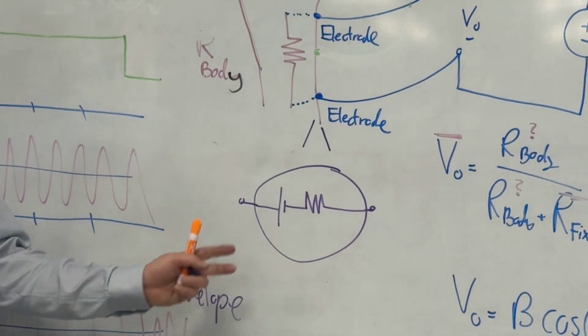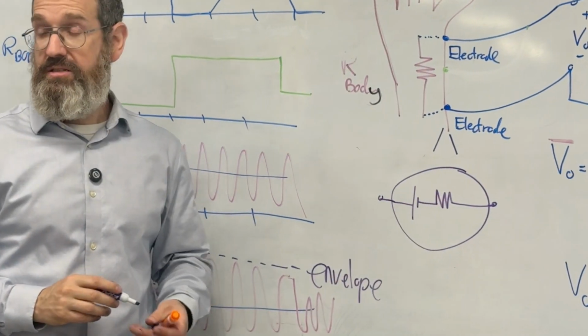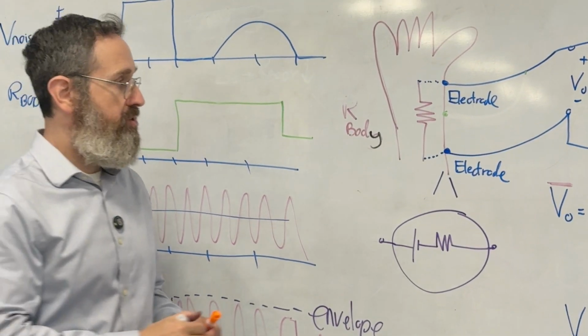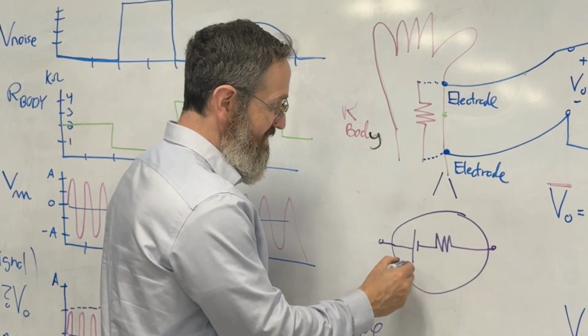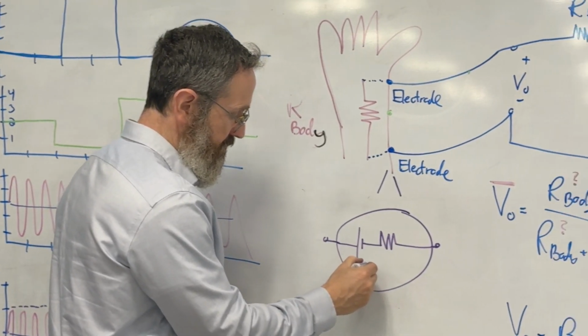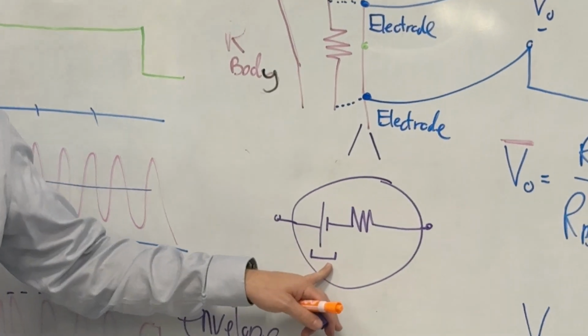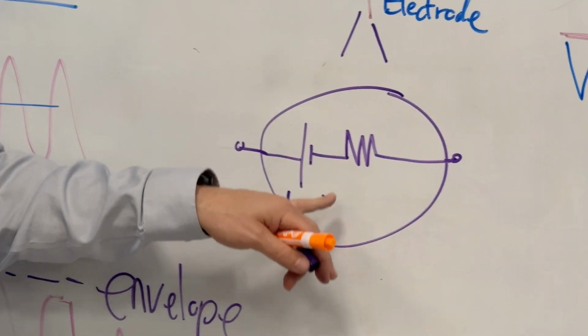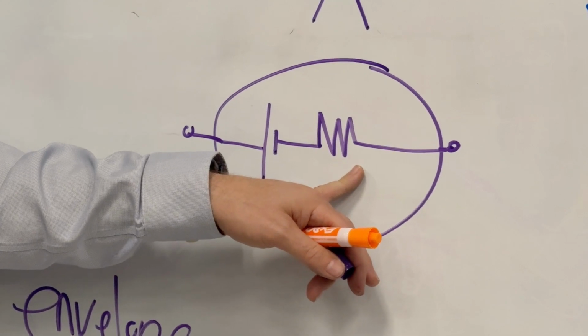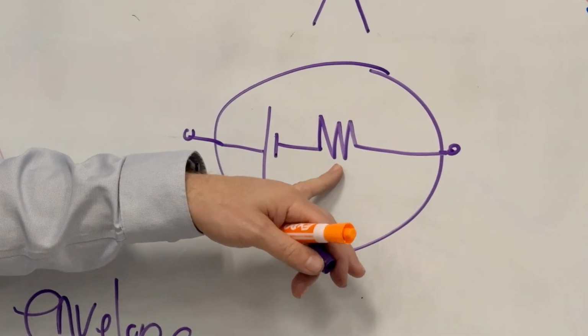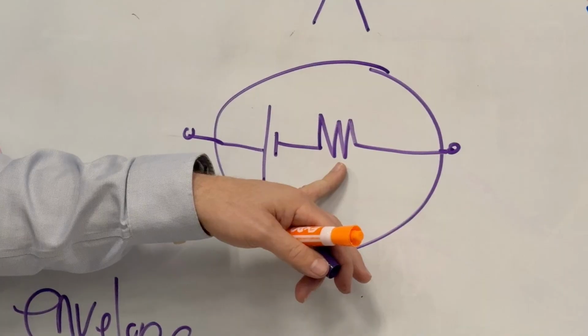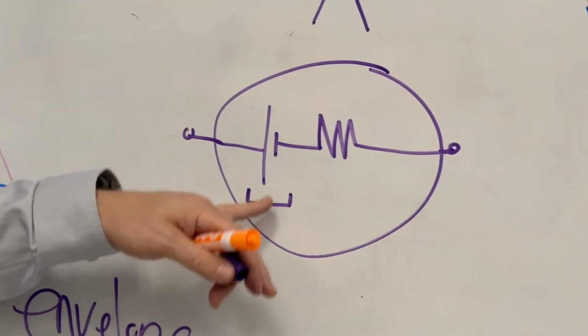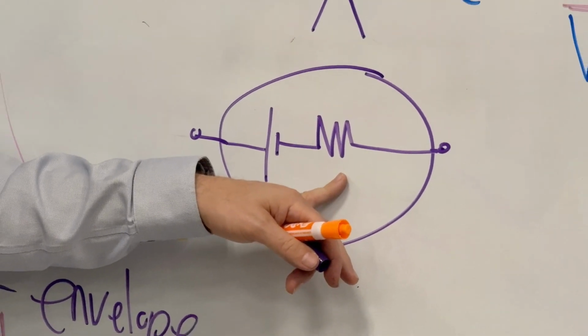Right? A battery that's producing some noise and a resistance that's producing some noise. So this contribution here is a voltage addition, right? And this contribution here is a resistance addition, right? So the question is, why am I preferentially... So it doesn't seem to have solved the problem, right?